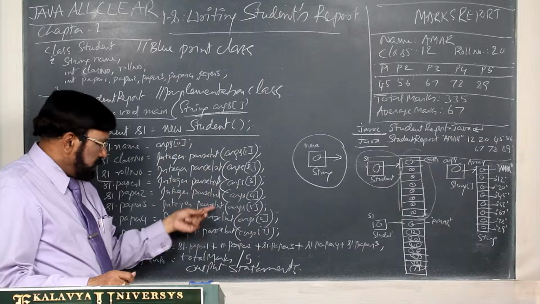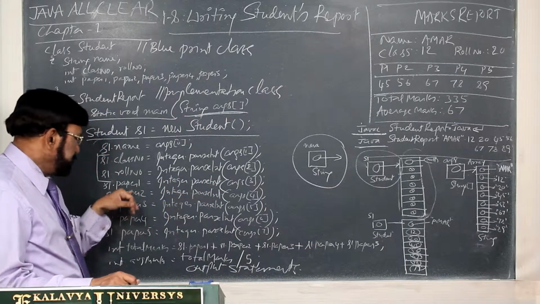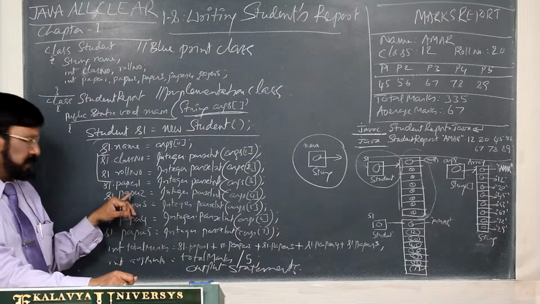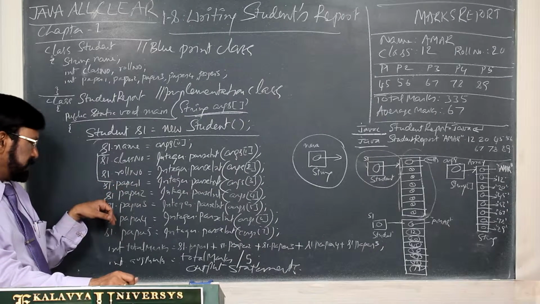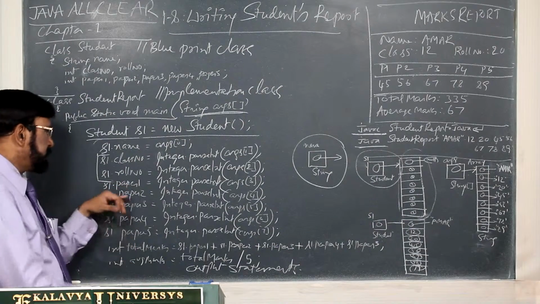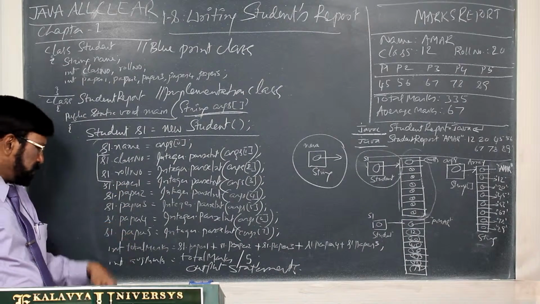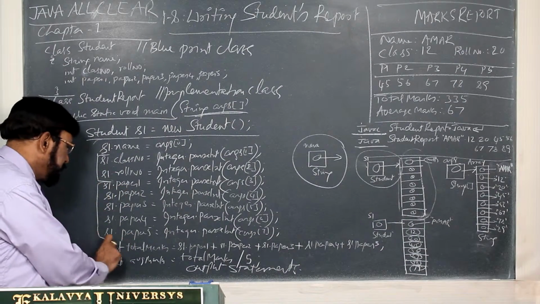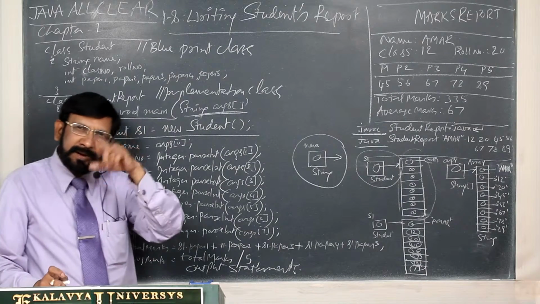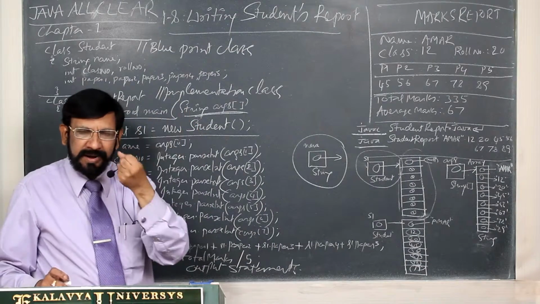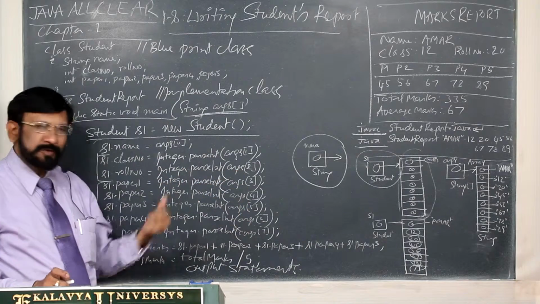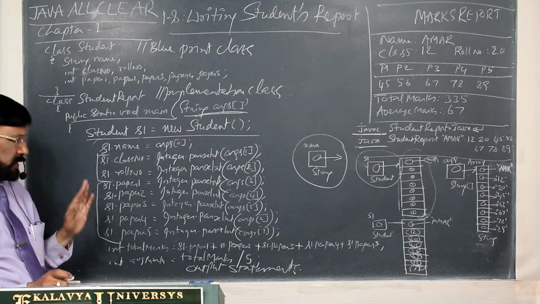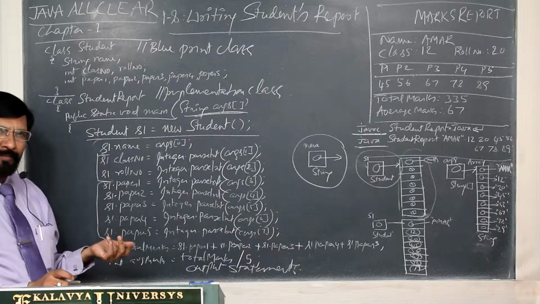That's why all these values we are parsing, and we are storing in appropriate variables: s1.paper1, s1.paper2, paper3, paper4, paper5. So we unwrapped the strings and extracted the actual integer values.